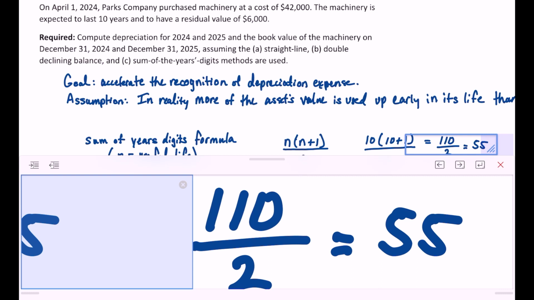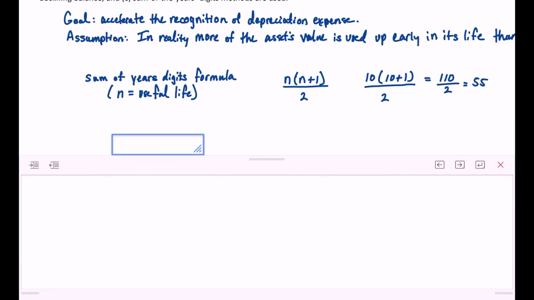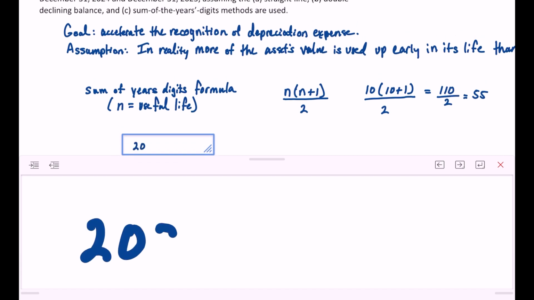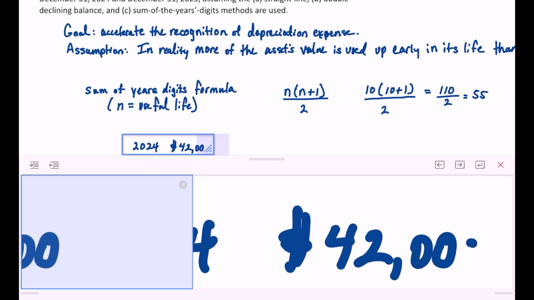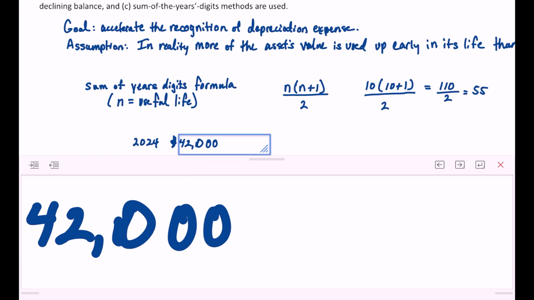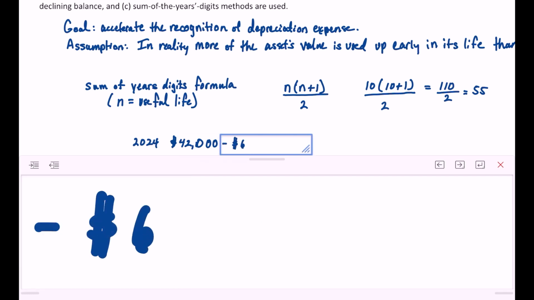And you might say, how? Well, in 2024, you had an asset that had a cost of $42,000. And unlike the double declining balance method, we are going to consider the residual value of $6,000.